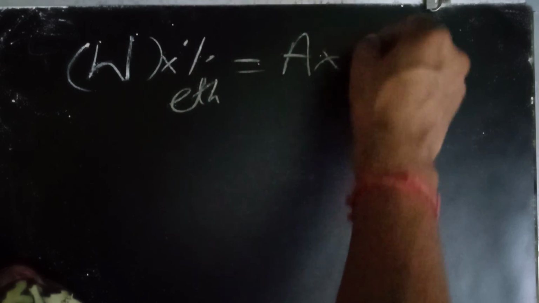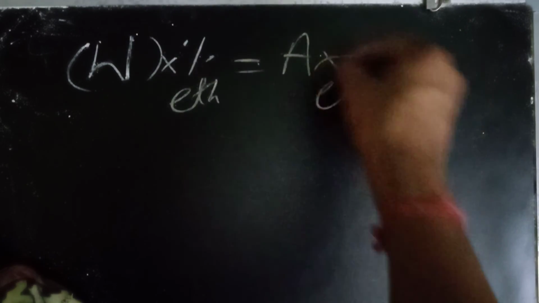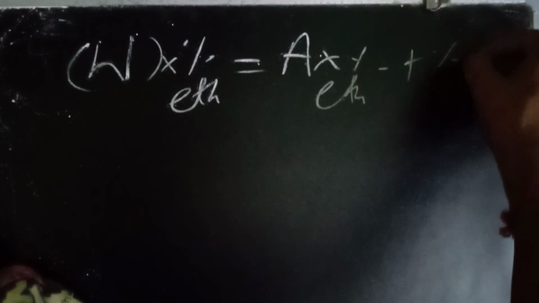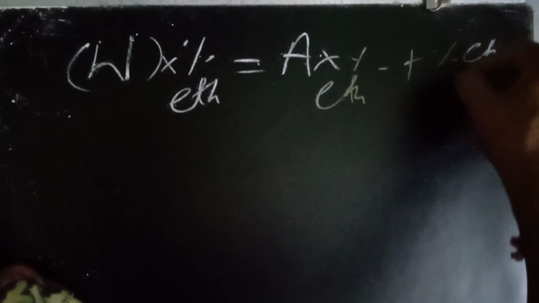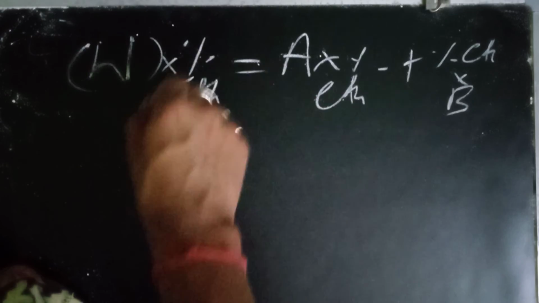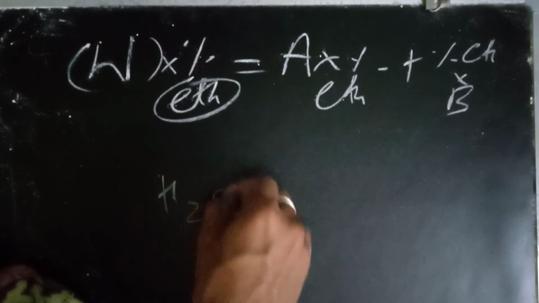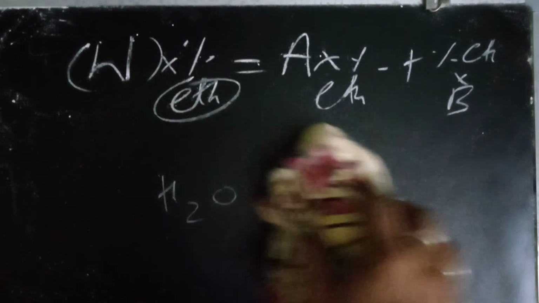So for ethanol balance, it would be the whole solution quantity, let's say W, the mixture, into the percentage ethanol, that will be A into percentage ethanol in A plus B into percentage ethanol in B. Simple mass balance of ethanol and then the same mass balance of water. Then you can get A and B easily.